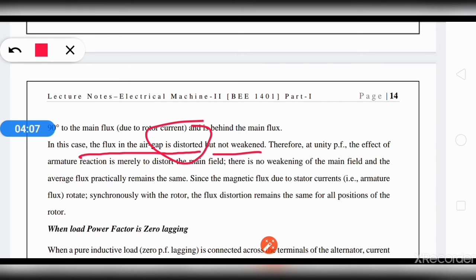Therefore, at unity power factor, the armature reaction is to distort the main field flux, and there is no weakening of the main field and the average flux practically remains the same. So this is the armature reaction when the unity power factor load is connected.